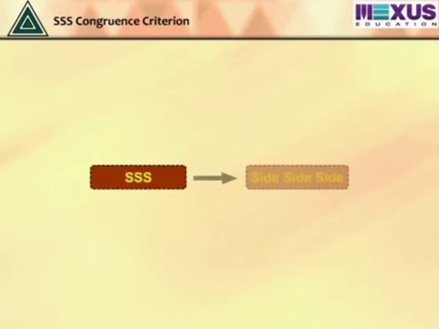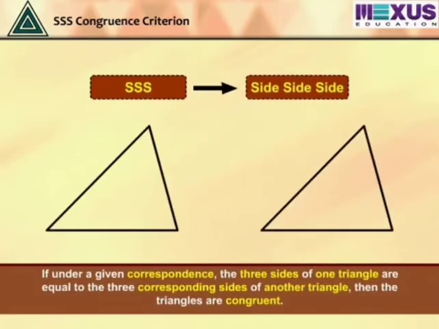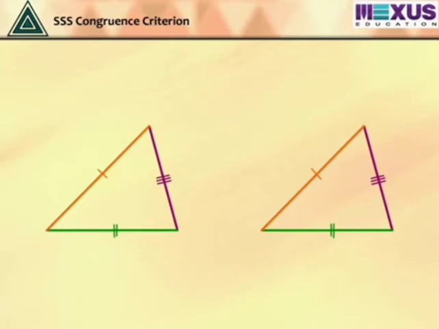First, the SSS criteria, that is side, side, side. See two triangles. If under a given correspondence, the three sides of one triangle are equal to the three corresponding sides of the other triangle, then the triangles are congruent. You can understand from the figure ABC and PQR.